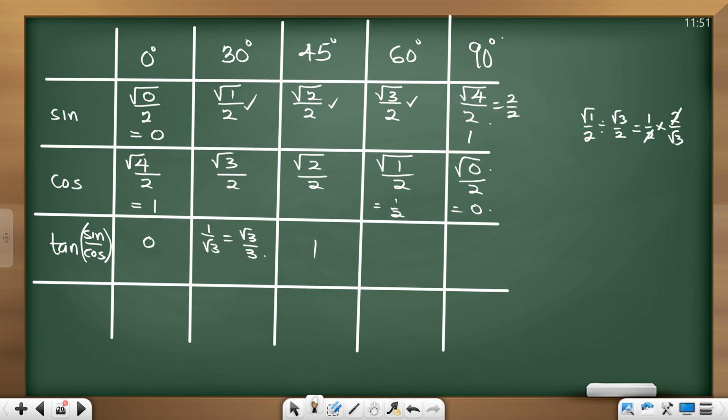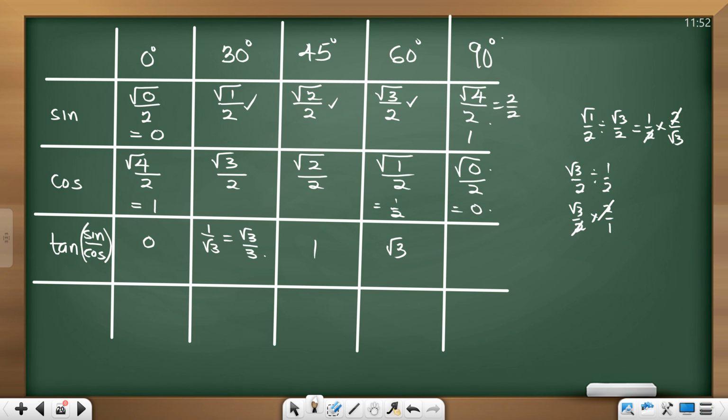Because we're dealing with tan. All right. What about the next one? 60. It's going to be root 3 over 2 divided by 1 over 2. So root 3. Check on your calculator what tan 60 is.